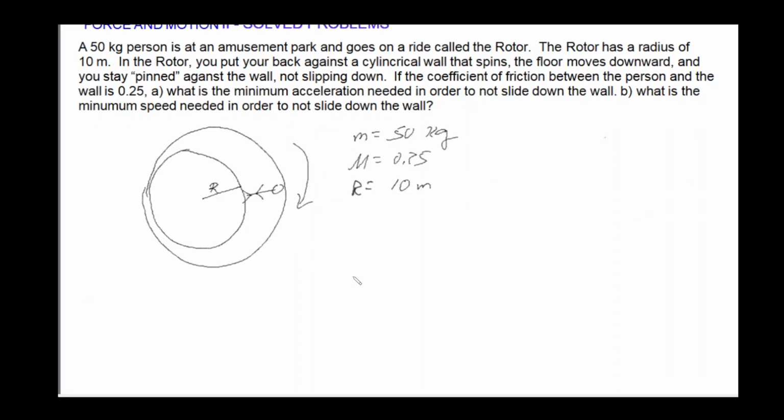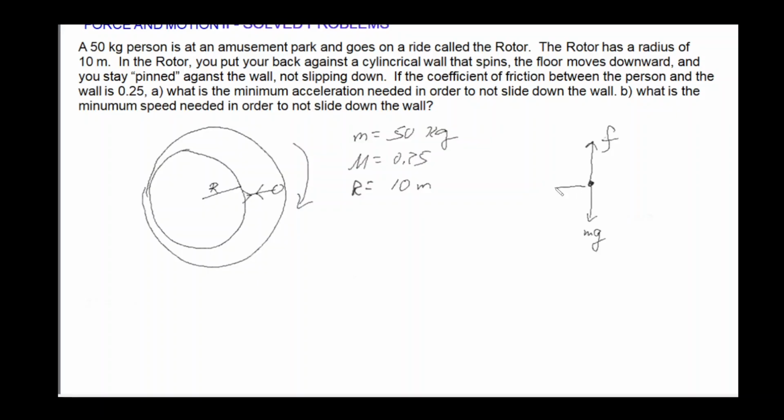So let's do a free body diagram of the person. Here's the person, and you have his weight pulling down. And what's keeping him from sliding down the wall is the upward force of friction. So we have the force of friction pulling up.